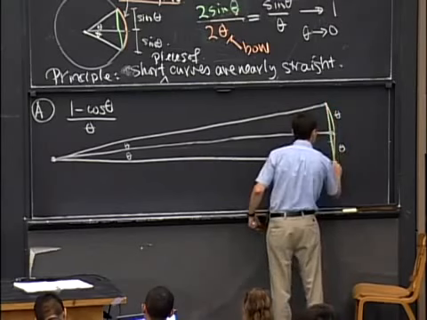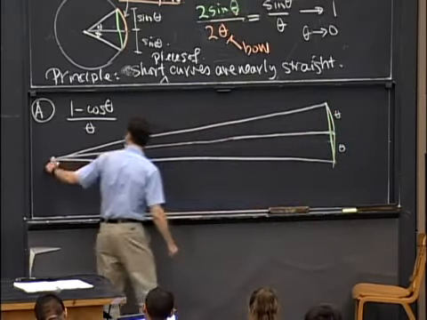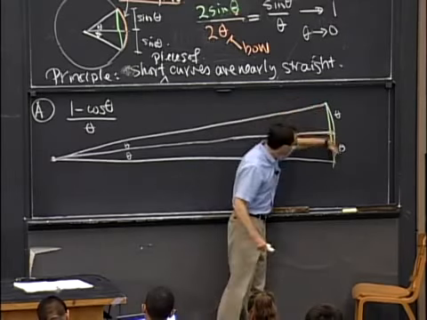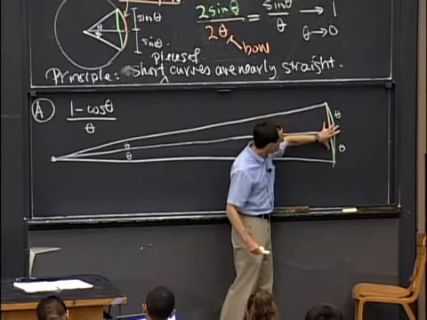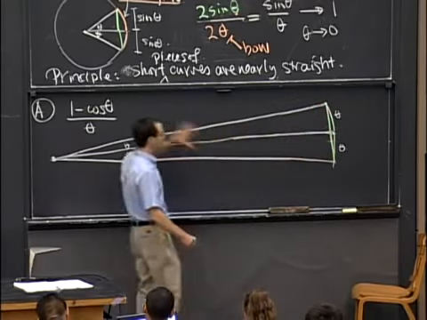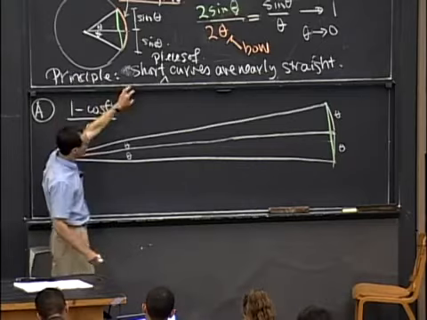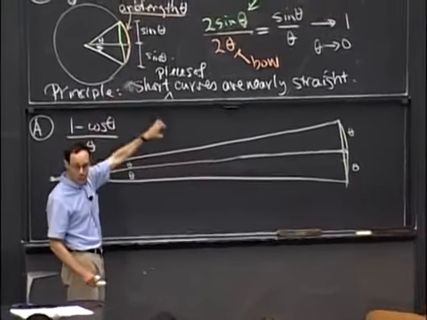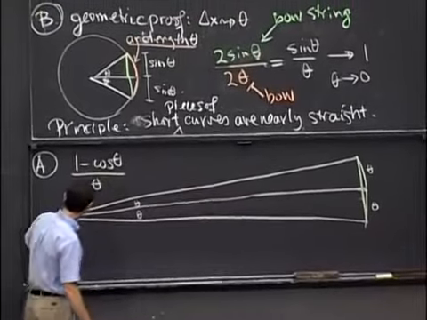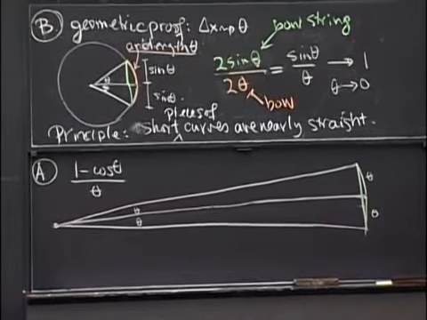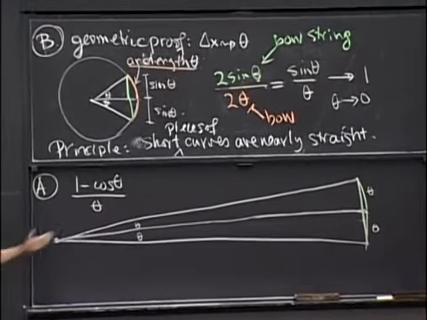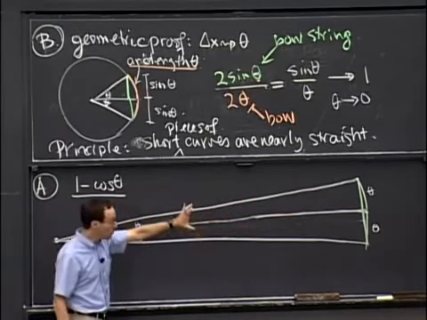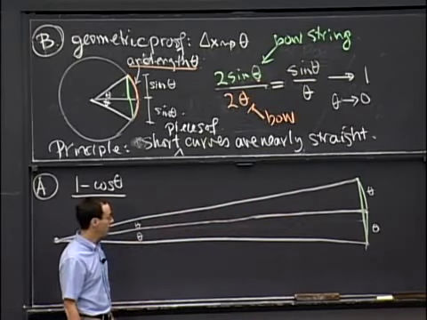But notice that as the vertex gets farther and farther away, the curved line gets closer and closer to being a vertical line. That's sort of the flip side by expansion of the zoom-in principle, the principle that curves are nearly straight when you zoom in. If you zoom out, that would mean sending this vertex way, way out somewhere. The curved line, the piece of the circle, gets more and more straight.